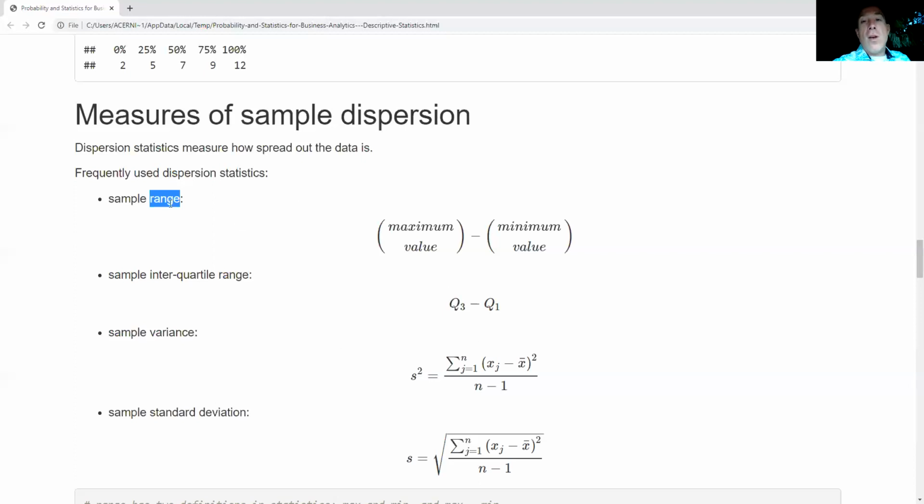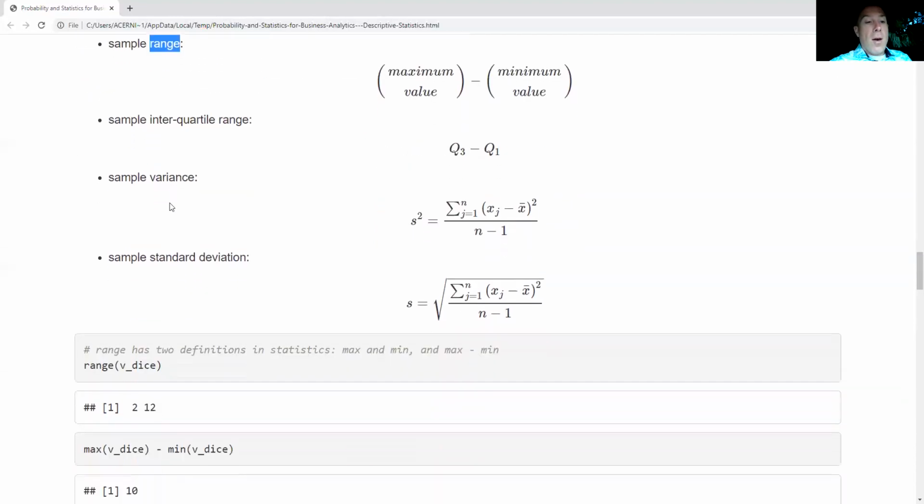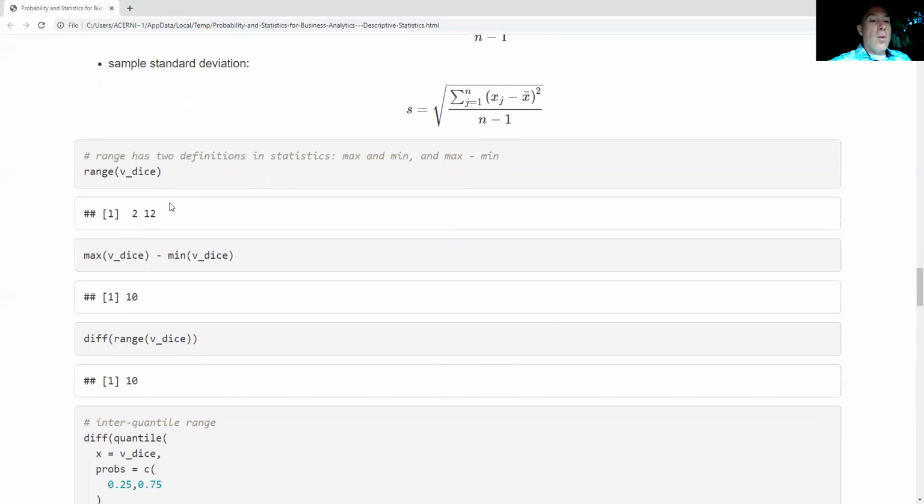I'll use range because that's so simple that it's audience friendly when the audience is not comfortable with statistics.